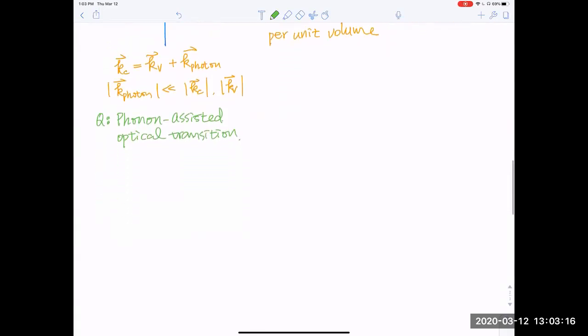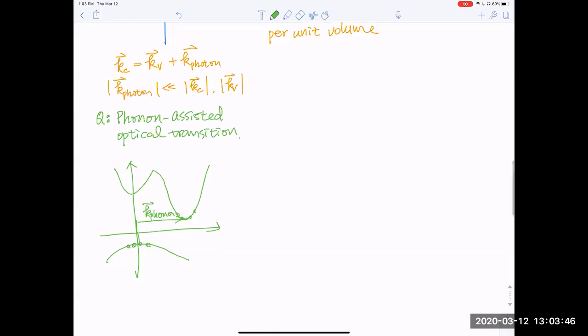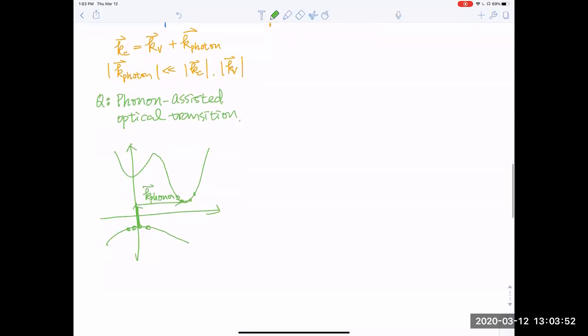Yes, this does exist. Most well-known example is, of course, silicon. In silicon, the E-K diagram looks like that. Conduction band electrons are here, and valence band holes are here. The electron would jump to a virtual state, and then with a phonon, which has very large momentum, you can do this indirect band gap transition.